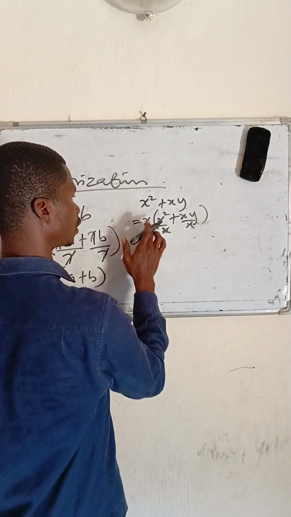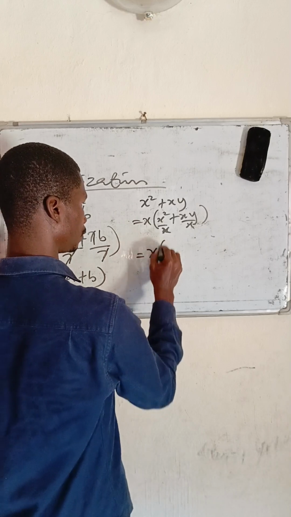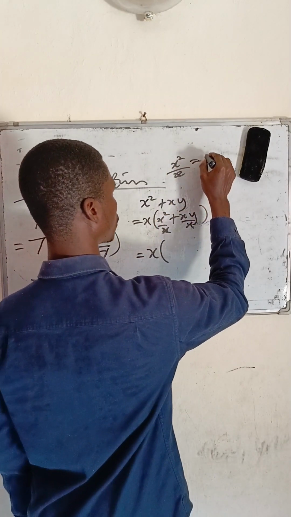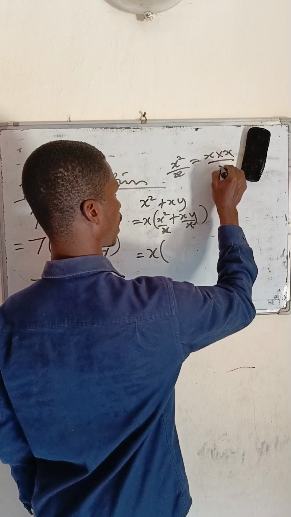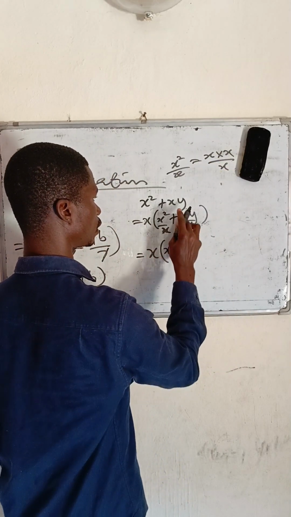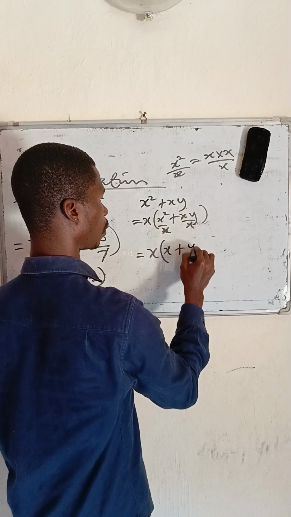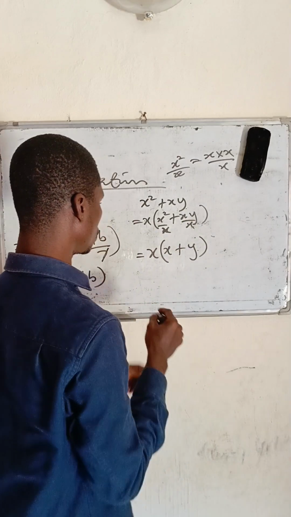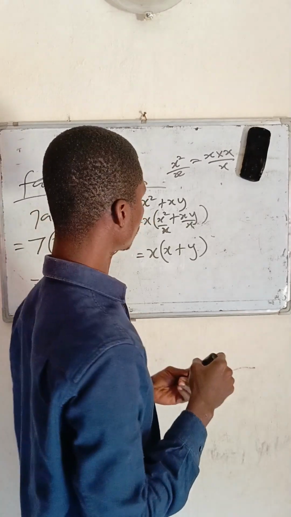This is the common factor. S squared divided by x is the same as saying what? S times x divided by x. So this takes care of this. What do we have? X plus this takes care of this. Y. X cancel x. Are you seeing it now? That is it.